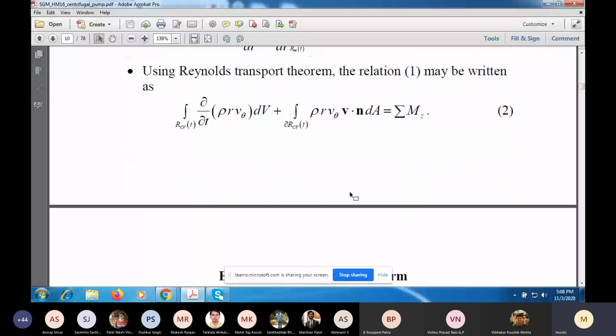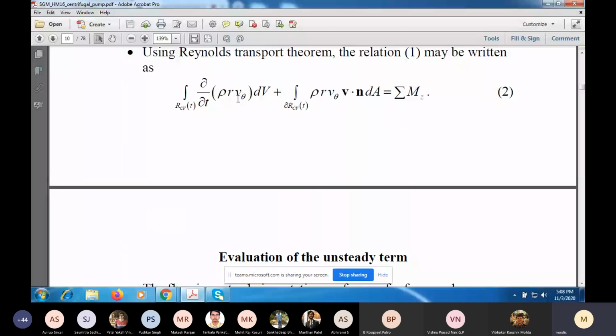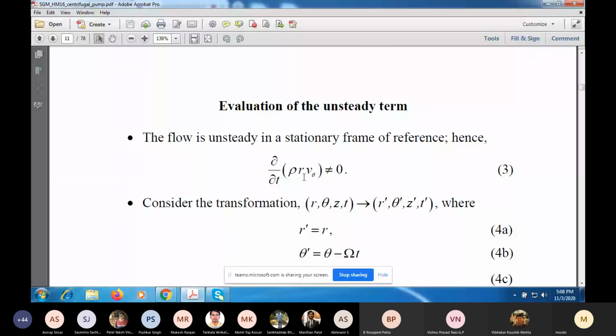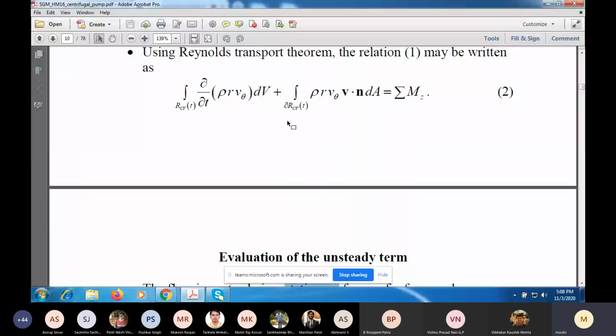So let us look at the unsteady term. Here I've written Reynolds transport theorem in a stationary frame, so the partial derivative with respect to t of this quantity may not be 0. The flow will be unsteady in the stationary frame of reference. Now, is this integral equal to 0? Well, we cannot say immediately that it is equal to 0.